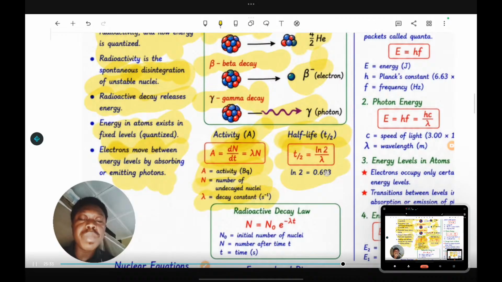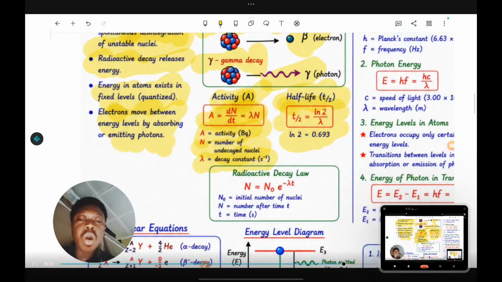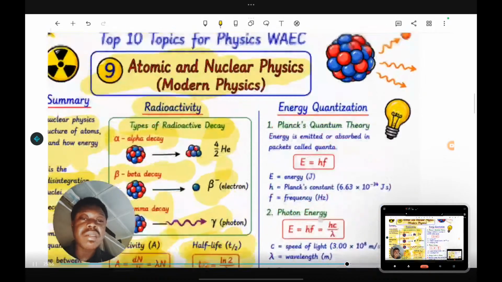Alright, then radioactive decay law. This is the law. Take note of this. N equals N0 exponential negative lambda T, where N0 is the initial number of nuclei, N is the number after time T, and T is time in seconds.